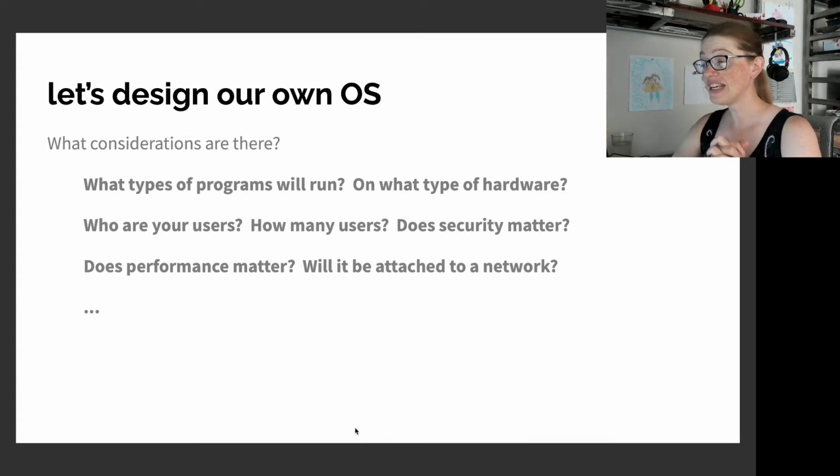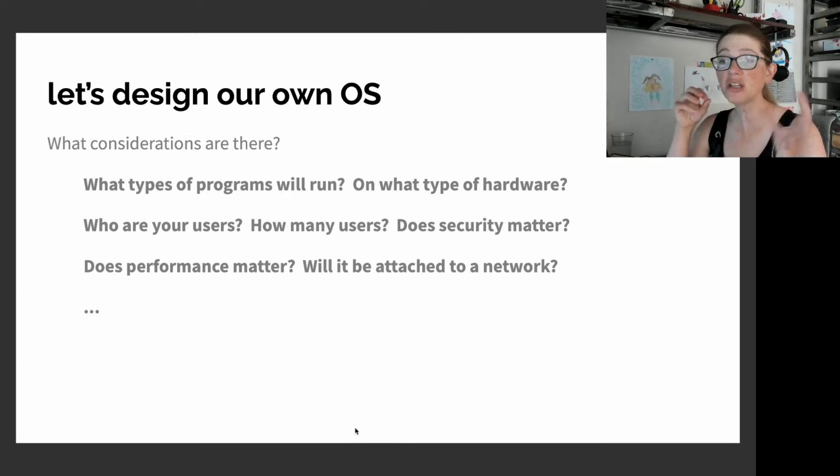And for an operating system, one of the biggest things you have to ask is, what kind of programs are you trying to run? So what is the purpose of this operating system? What is it going to run on? What kind of hardware? Because how you design an operating system for something like the computer sitting in front of you is going to be vastly different from designing an operating system for a POS device, which I know probably sounds like a bad device, but no, what I actually mean is the point of sale, little receipt printers.